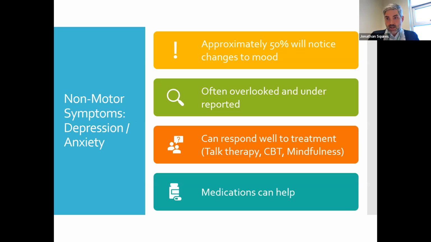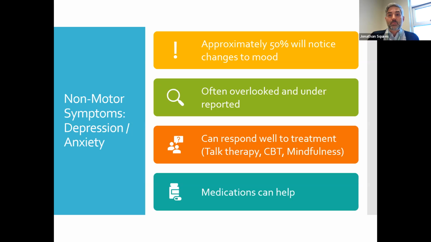Depression and anxiety can be very common. A lot of people have this tendency to think, well, of course you're going to be depressed if you have Parkinson's disease. It's not a walk in the park. But it is actually a symptom of the disease and not just a reaction to the other symptoms of the disease. Studies have been done comparing depression between people with Parkinson's and other equally disabling conditions, things like bad rheumatoid arthritis before there were good treatments, where people couldn't really do much with their hands.